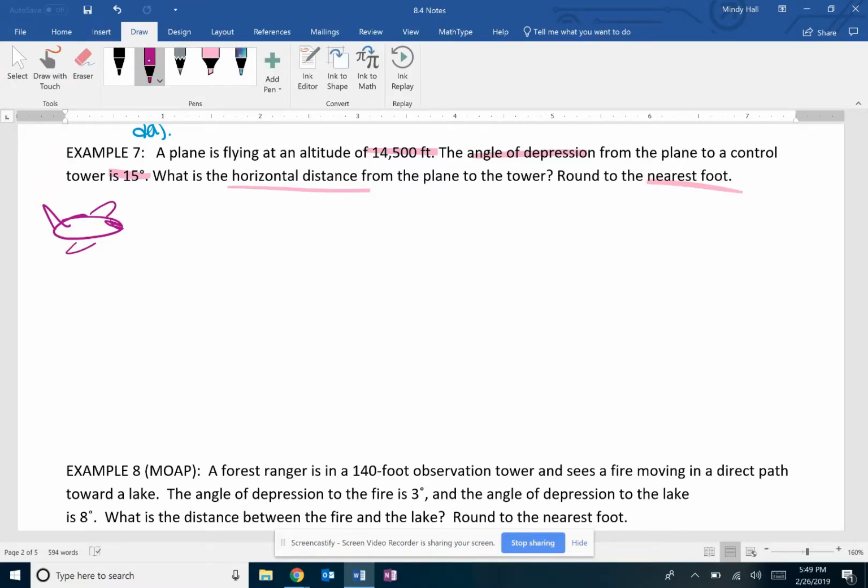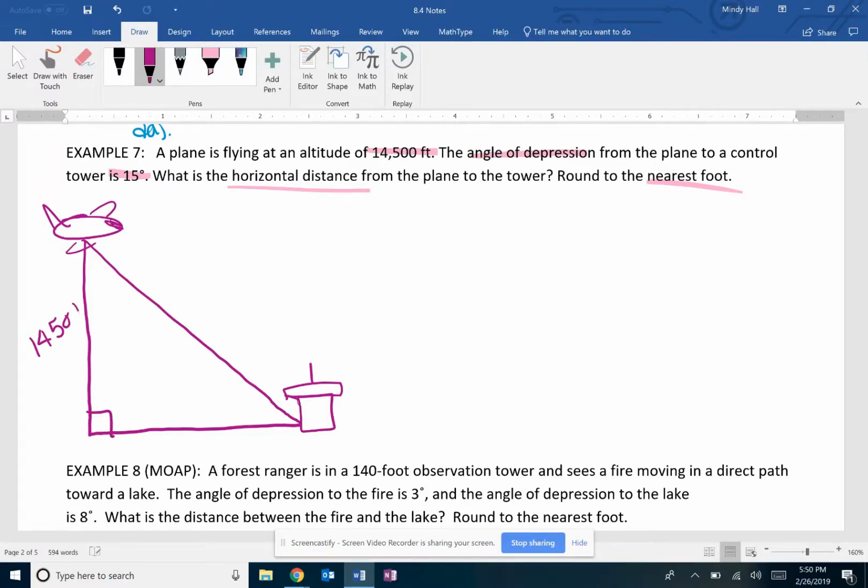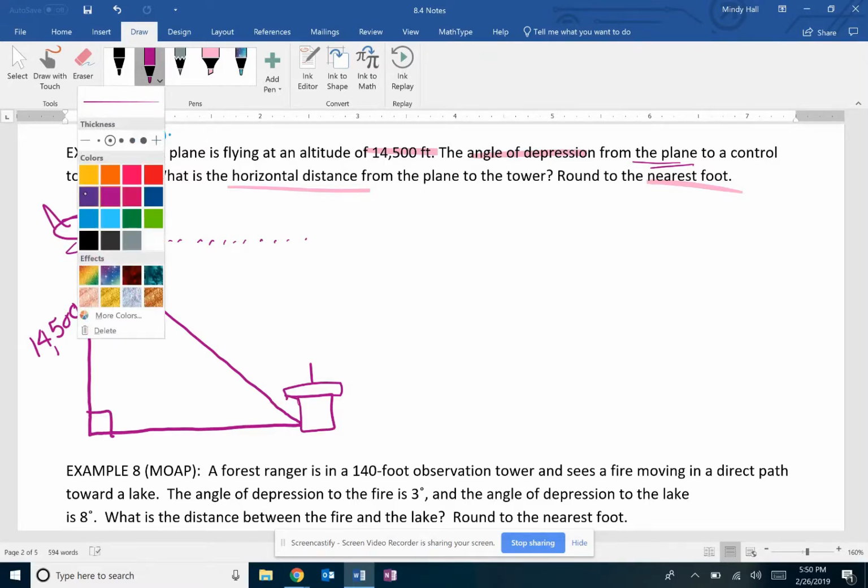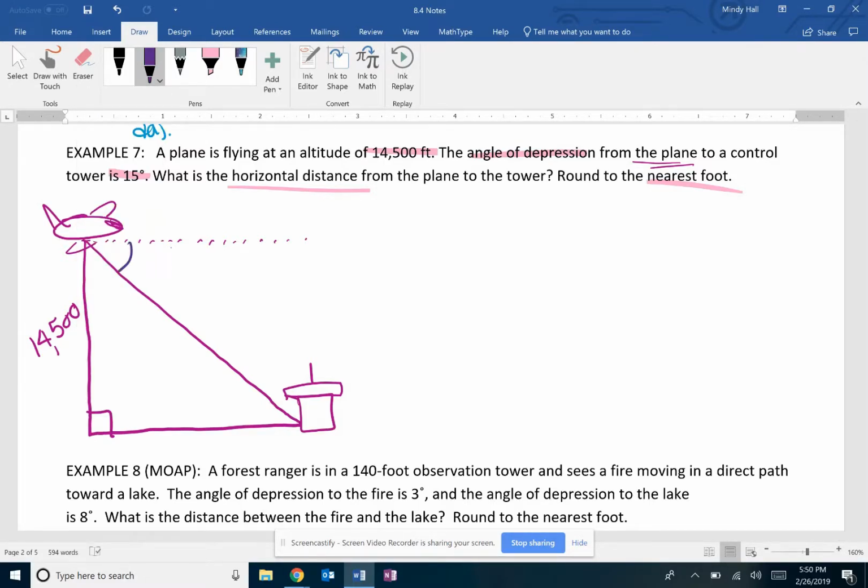So I have my little plane, I have my little control tower, and so straight down from the plane and straight over to the control tower, because my altitude is 14,500, that's going to be this left side of the triangle. And then my angle of depression, remember, you're looking from the perspective of the plane. So from the plane, your line of sight is just straight out, so to make that angle of depression, you're going to have to go down.